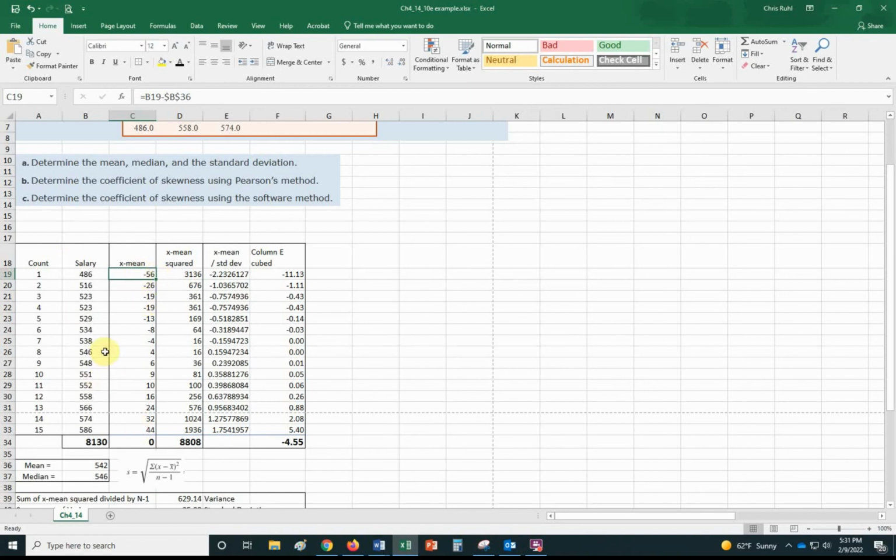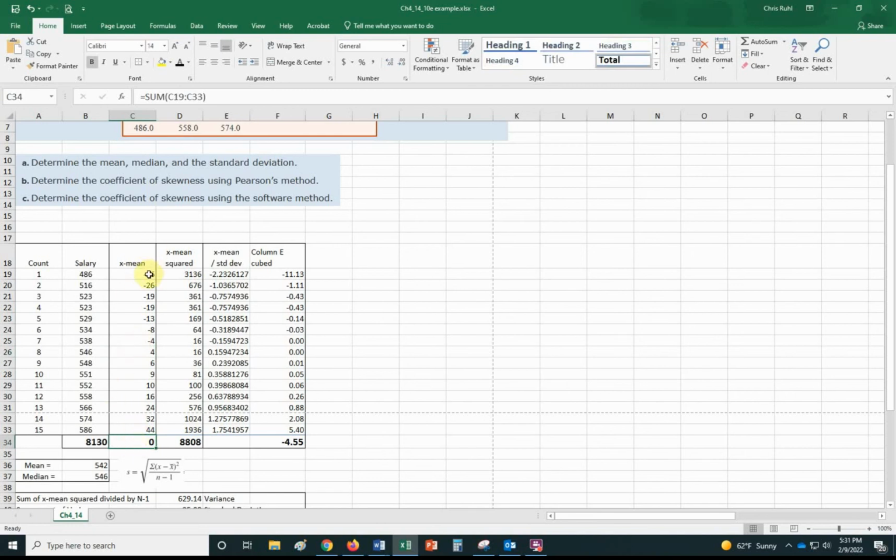At the median, I take 546 and subtract 542, and I get 4. So I just do the same thing all the way down. And when I add these up, I just did this for confirmation, it comes up to 0. Okay, so this is the difference.